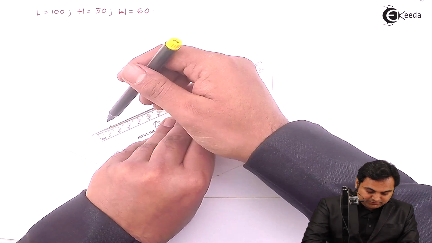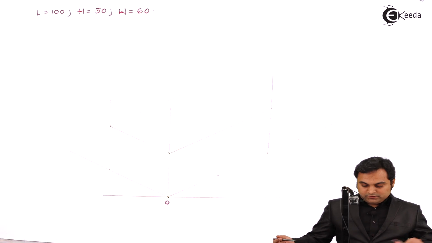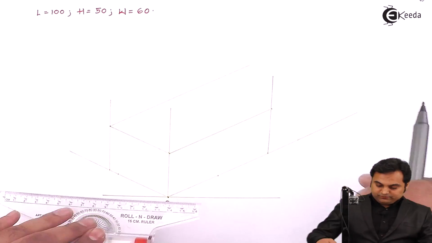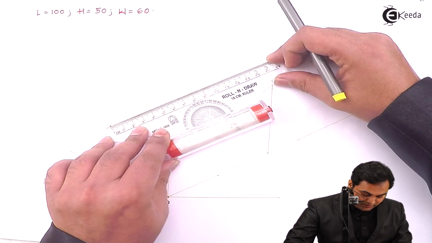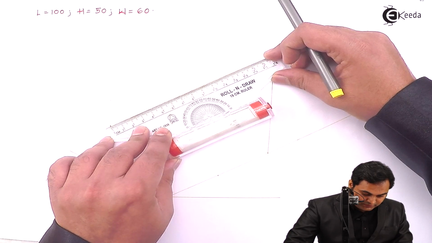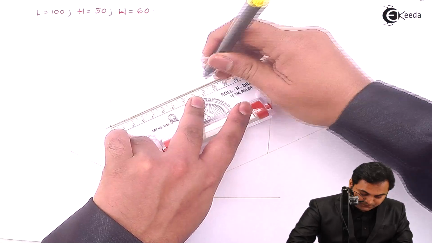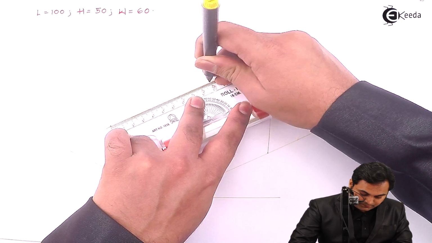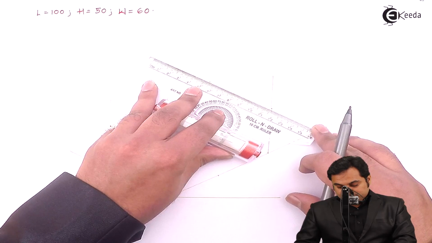Projecting the parallel length. Next, for the width, here I am marking the length as 100 mm. Joining these 2 points will give me the width.